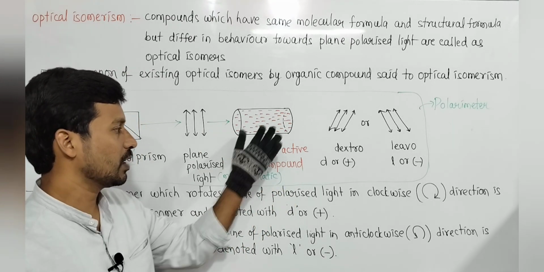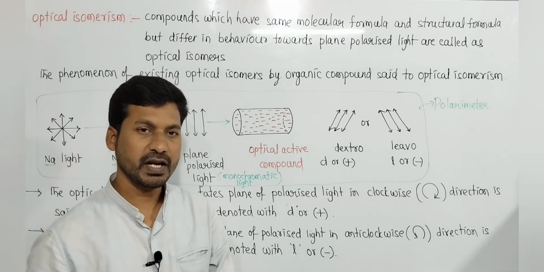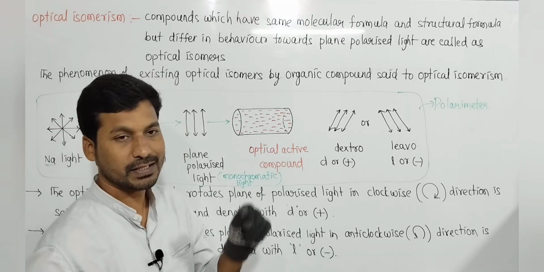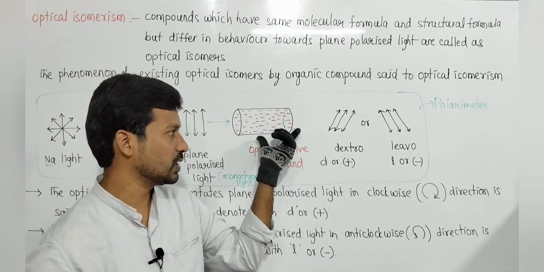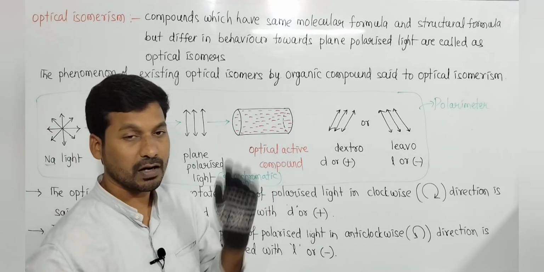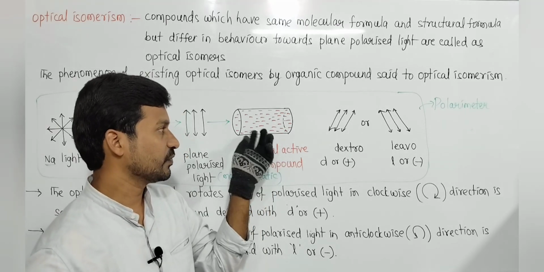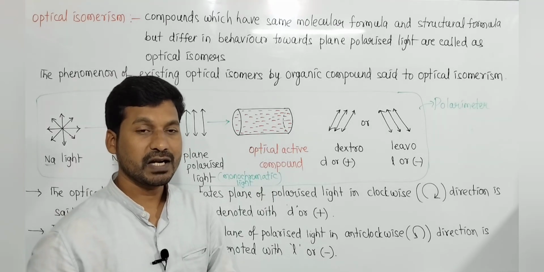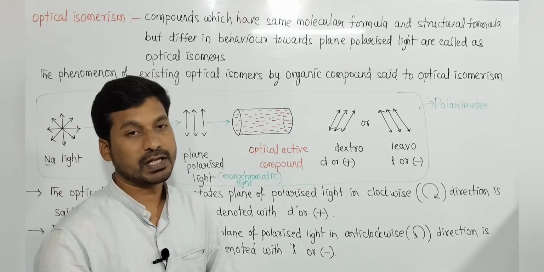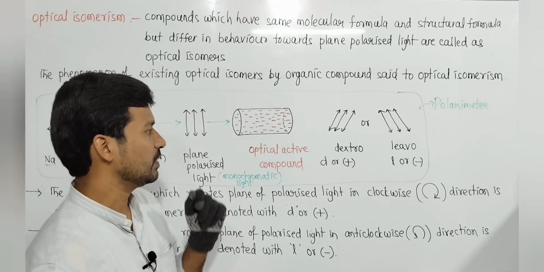When this light falls on an optically active compound, this is the polarimeter cell. It is just a transparent glass tube in which the compound is taken, the compound whose optical activity we are going to determine.